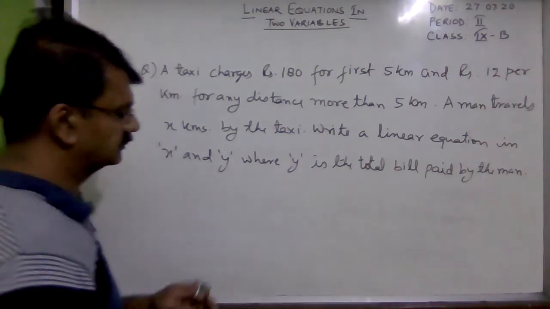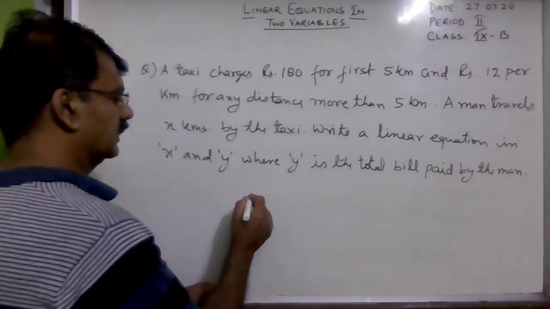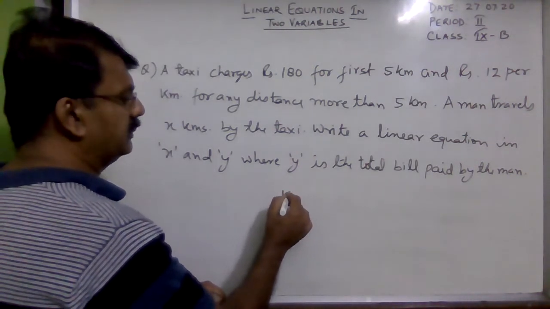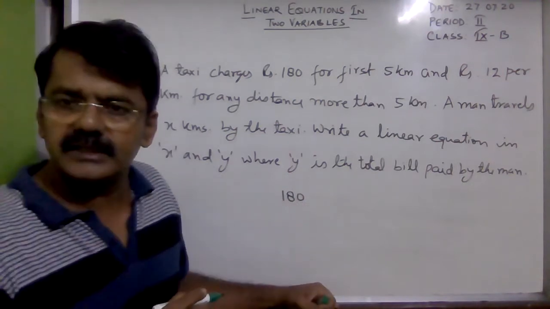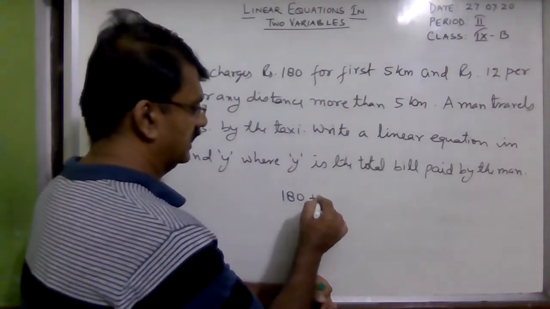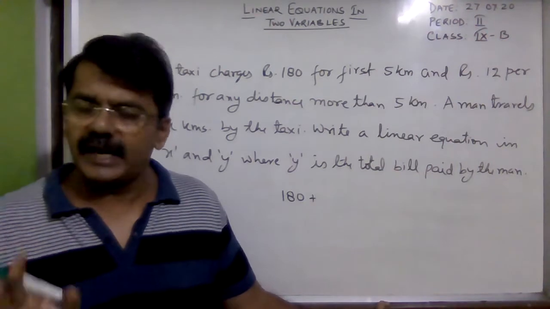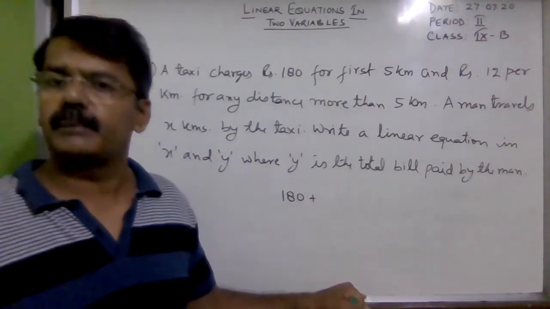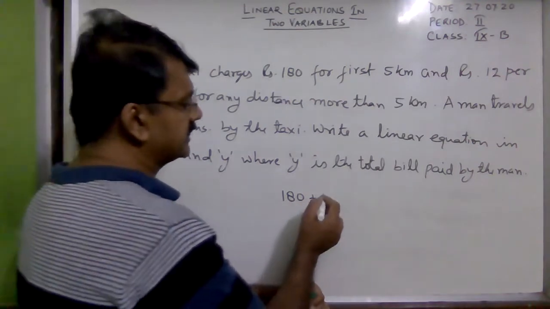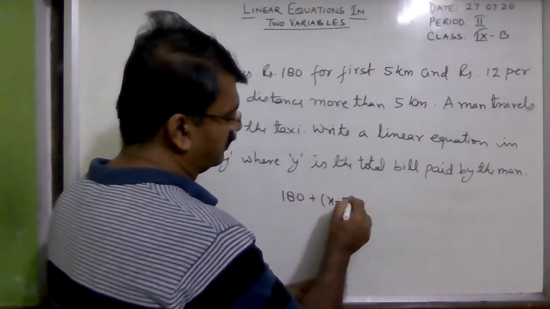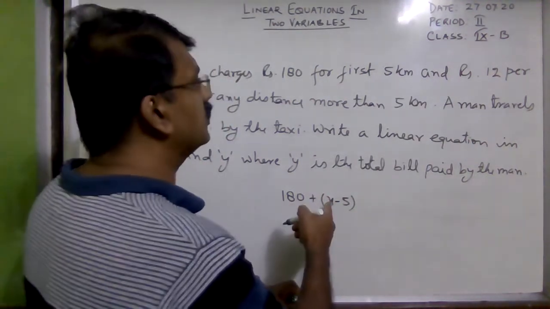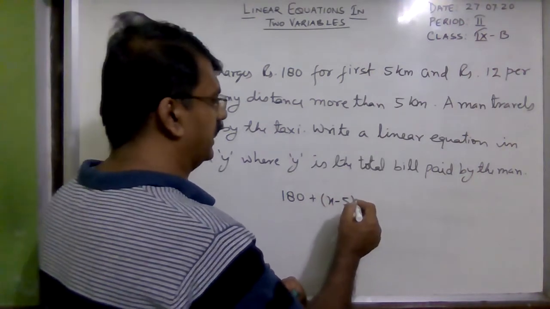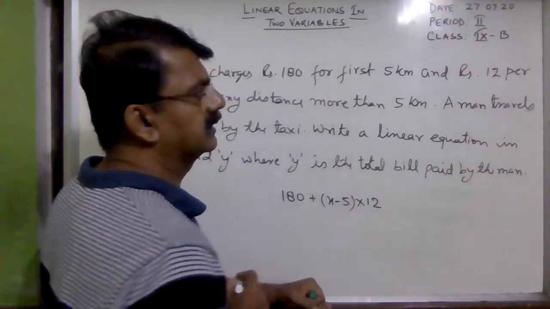Now you see, 180 rupees is for first 5 kilometers plus the man covered X kilometers, out of which for 5 kilometers he has already paid 180. So the remaining distance is X minus 5. And for those X minus 5 kilometers he has to pay rupees 12 per kilometer.